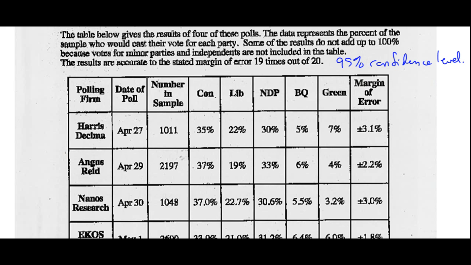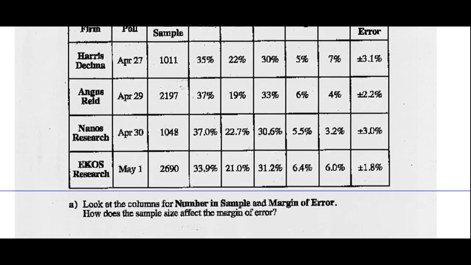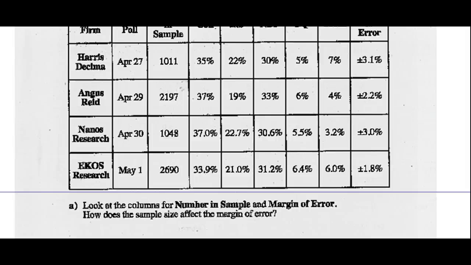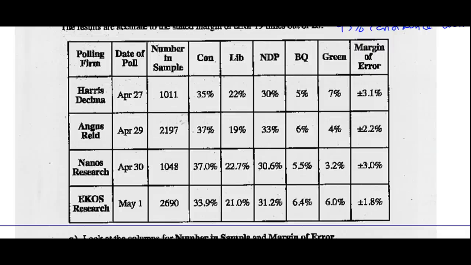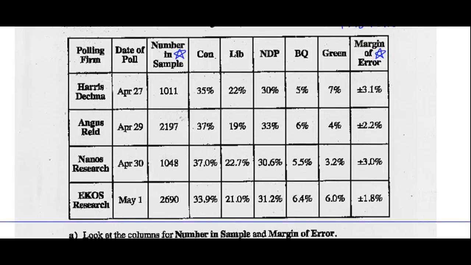All right. So if we scroll down here, it tells us, A, look at the columns for number in sample and margin of error. How does the sample size affect the margin of error? So let's have a look at those. Number in sample and margin of error. So let's just have a look and compare those things. What do you notice?